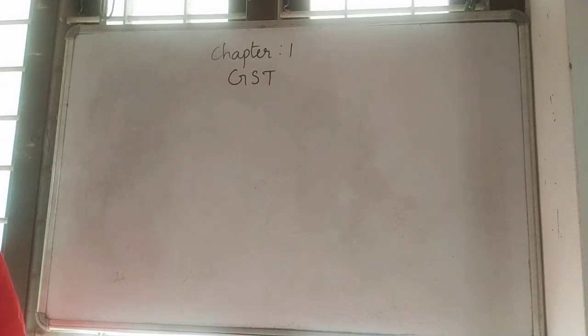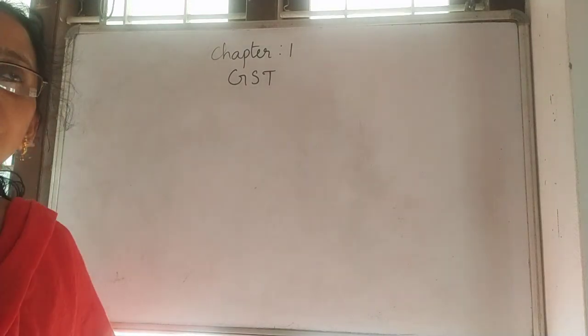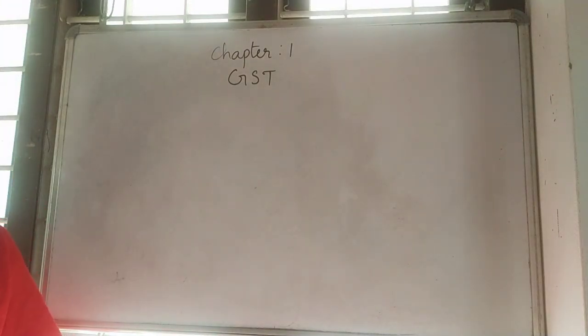Okay, next in this chapter we will go through input tax. That means input GST and output GST. So what is an input GST? Input GST means GST paid by the dealer.